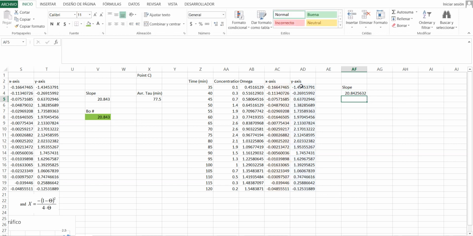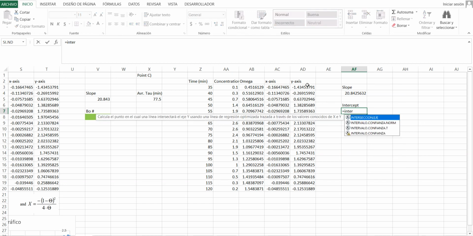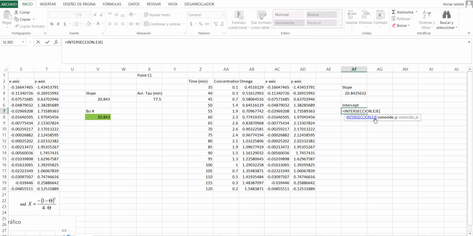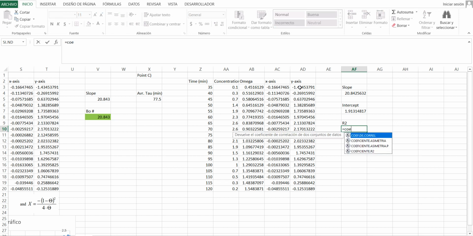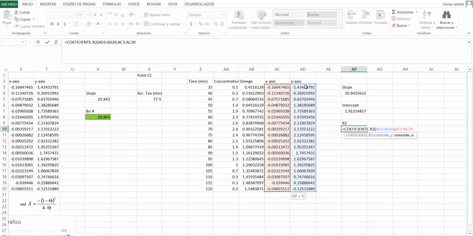We can also obtain the intercept using the predetermined function of Excel, and we can obtain the R-squared coefficient. These are all values that you can see from the previous diagram. But we need them locked in a cell because they are going to change in our optimization problem. So let's just hang on for a moment. I'm going to explain that in a moment.